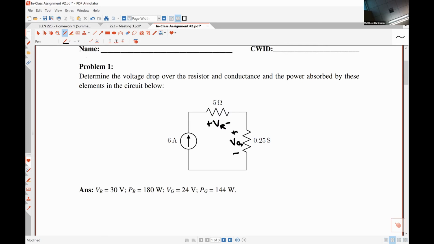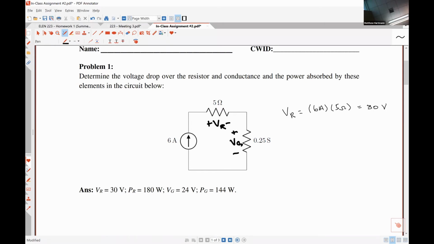Using Ohm's law, the voltage drop over the resistor VR should be fairly straightforward. V is equal to I, which is 6 amps, times R, which is 5 ohms, is 30 volts, right?